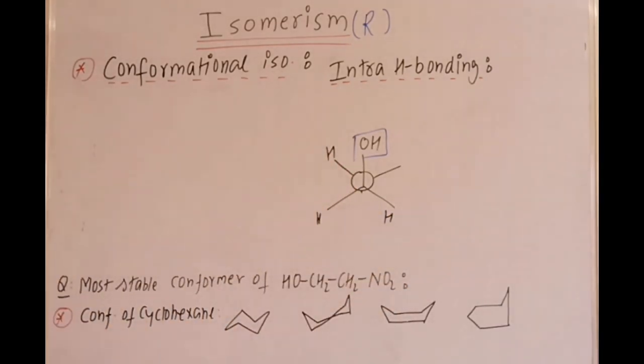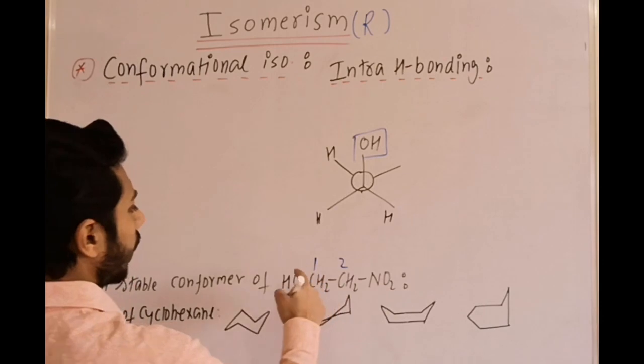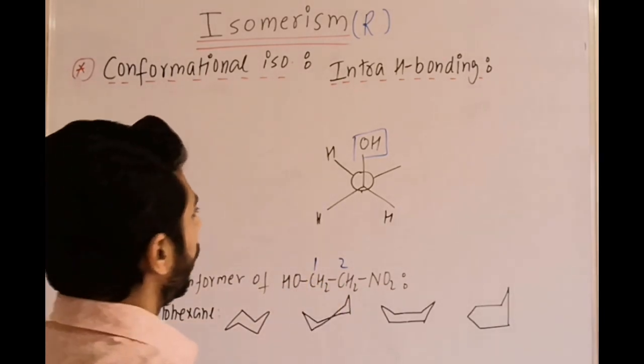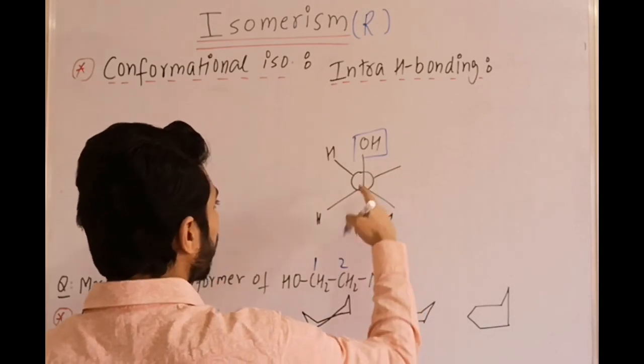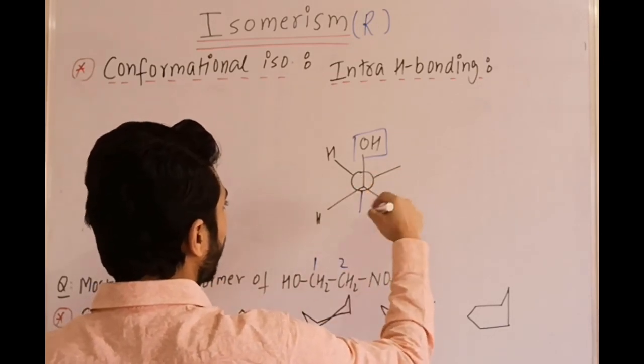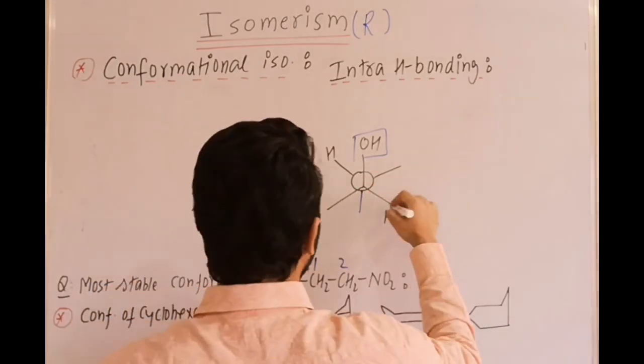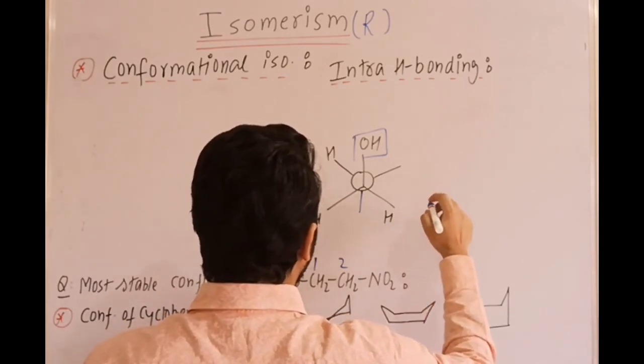Now in this case we can mark this carbon as 1 and 2, front carbon 1 and the back carbon, which is with NO2. Now the front carbon contains OH and 2 hydrogens, and the back carbon contains 2 hydrogens and 1 NO2.